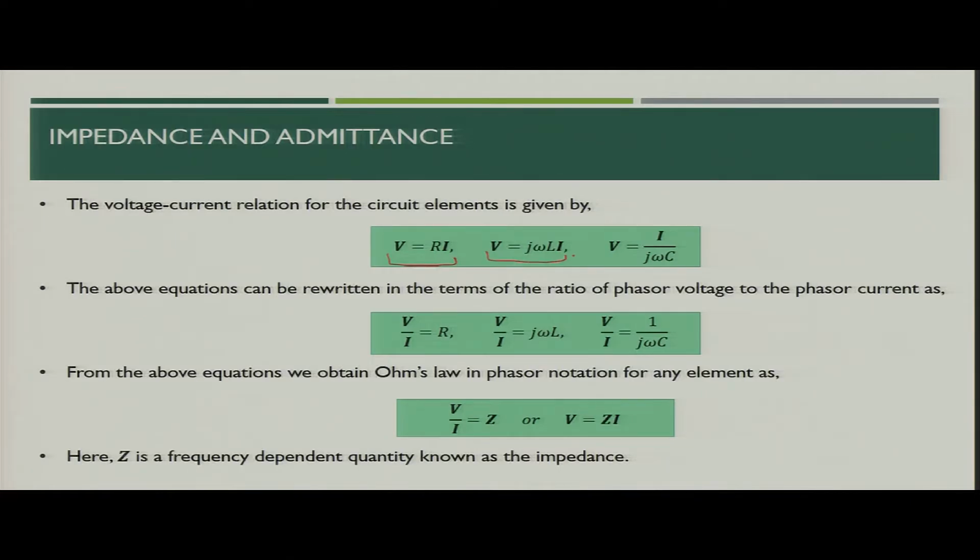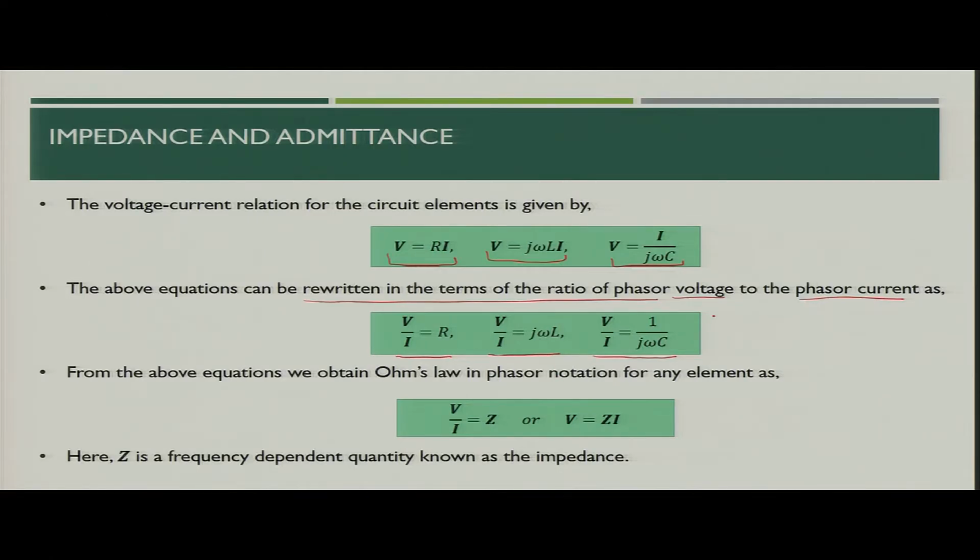For an inductor we discussed V was j omega L into I phasor, and for a capacitor the relationship was the voltage phasor V is I phasor divided by j omega C. Now, if you write the equations in terms of the ratio of phasor voltage and phasor current, you can simply write V by I is equal to R, or V by I is equal to j omega L, or V by I is equal to 1 upon j omega C.